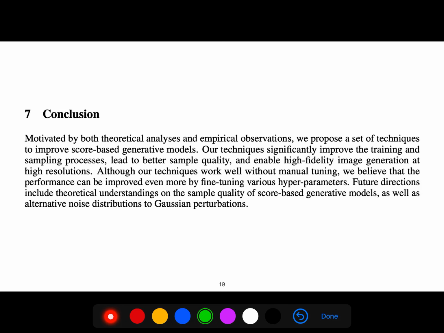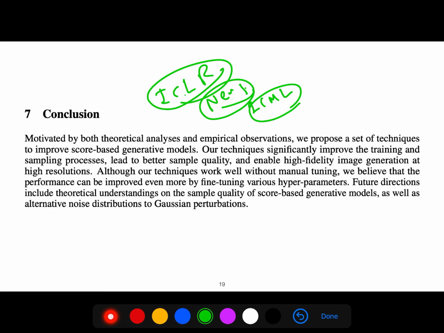So there are still only a few papers, and there are few conferences relevant to this, only ICLR, NeurIPS, and ICML are relevant to this sort of thing that I like. So that is an interesting research gap, that you can apply all these things to graph generation.